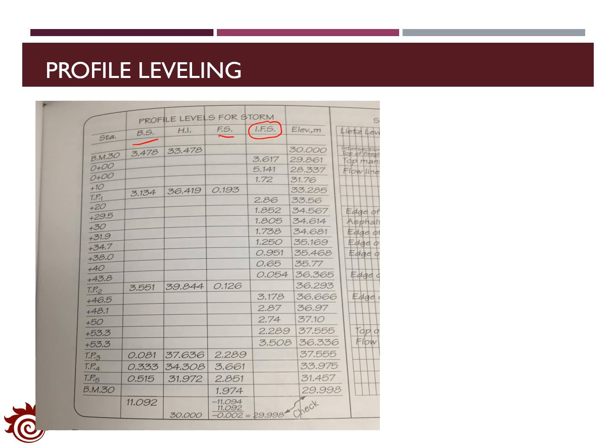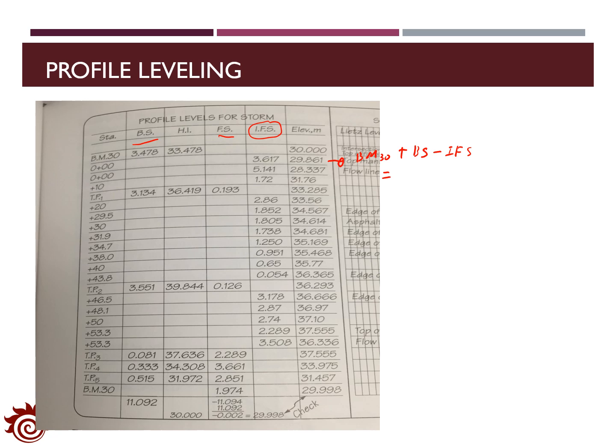First, for the first intermediate point, the elevation is the benchmark plus the backside minus the intermediate foreside.